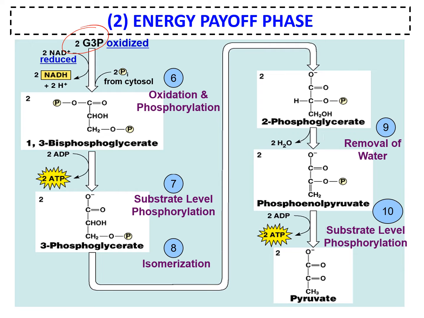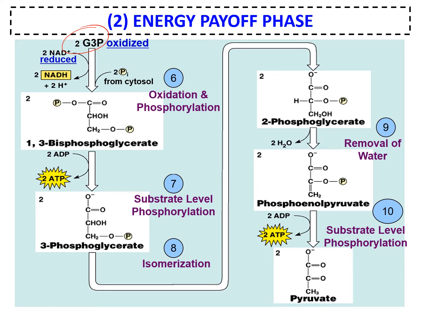So, whenever you are going to mention the 6 steps, don't forget that it involves 2 molecules of glyceraldehyde 3-phosphate. Step number 6 shows that glyceraldehyde 3-phosphate is oxidized, meaning that it donates hydrogen away.